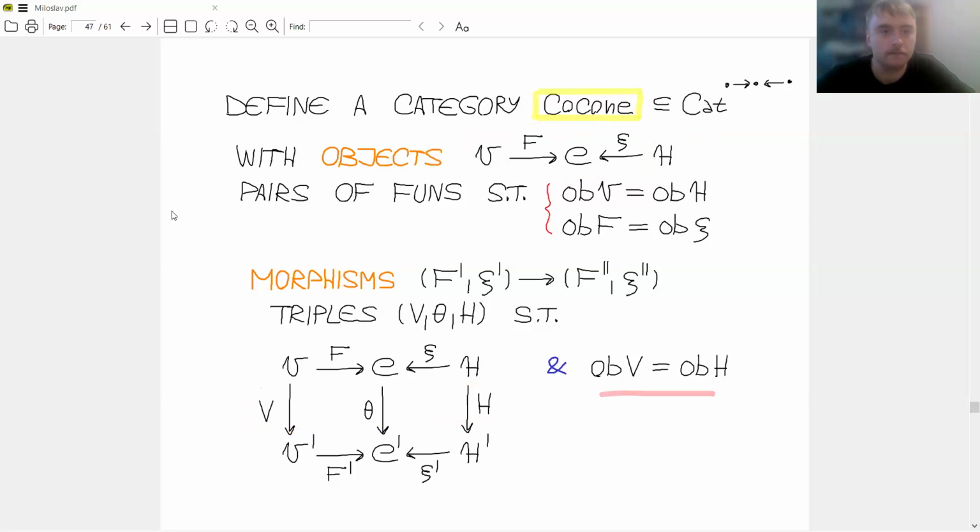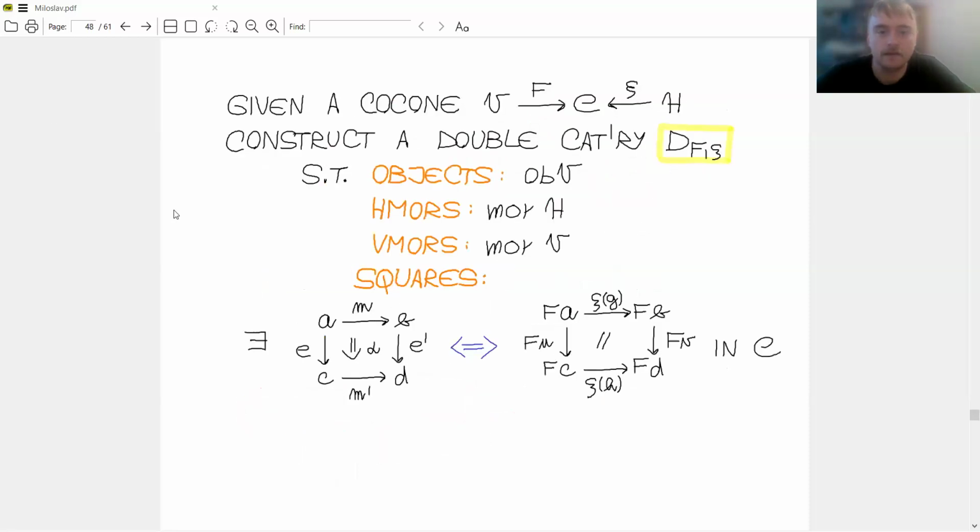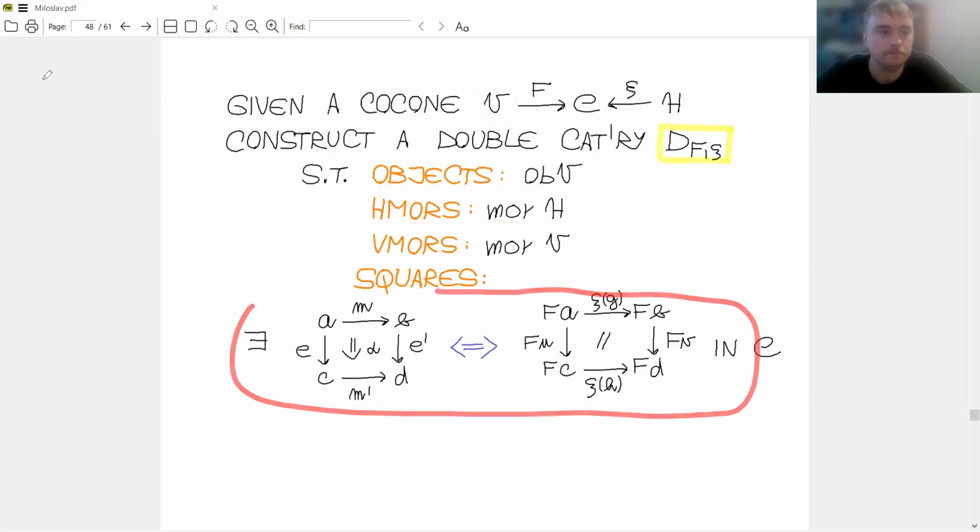It's not entirely important, but what's important is that we can do again the double category of commutative squares, but this time it's generalized. This time these do not have to be inclusions. They can be any functors whatsoever. And we can define this double category such that the objects are the objects of P, horizontal morphisms are from A, vertical morphisms are from V, and squares are commutative squares.